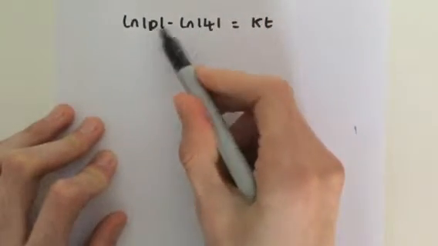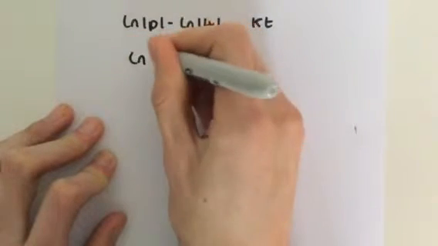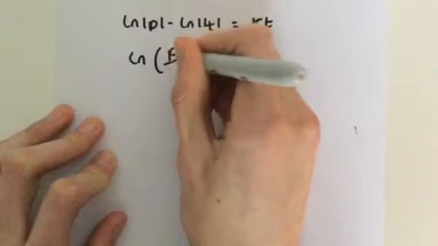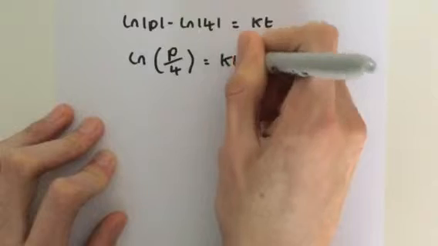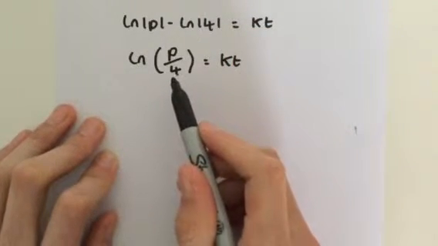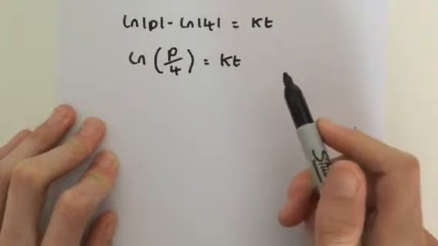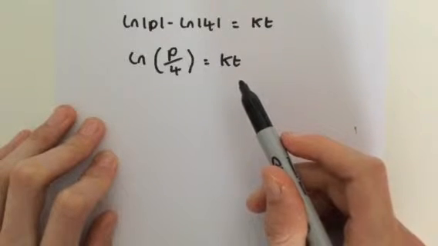The natural log of P minus the natural log of 4 is exactly the same as saying the natural log of P divided by 4, and that's equal to kt. If you remember, the other boundary condition we had is when t equals 1, P is equal to 8.